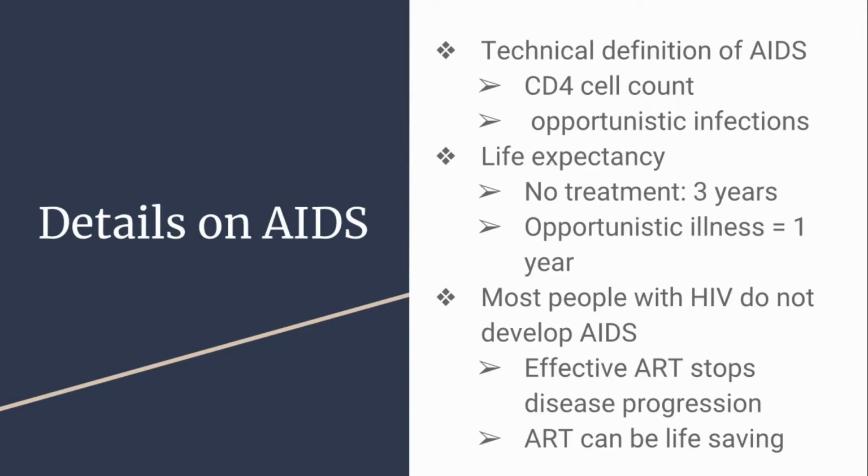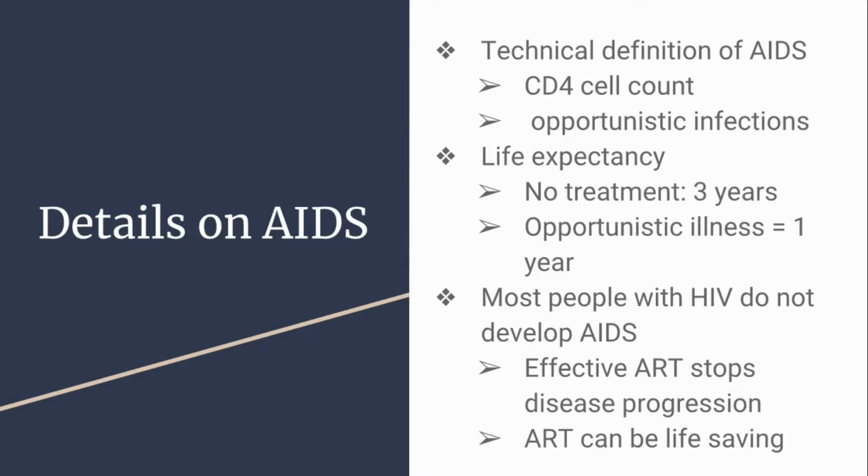The life expectancy of those with AIDS and without treatment is approximately 3 years. However, once you develop a dangerous opportunistic illness, your life expectancy drops drastically to 1 year. ART can be helpful to people who have AIDS and can also be life-saving.